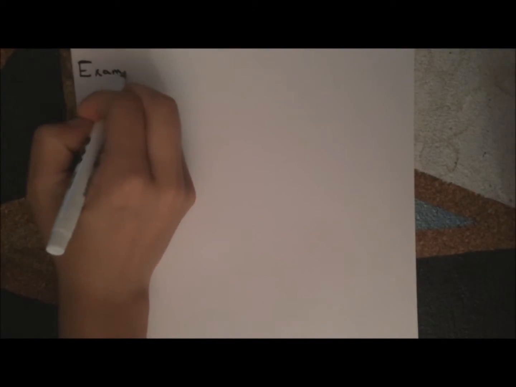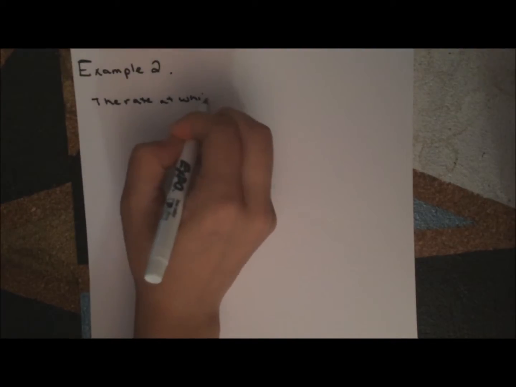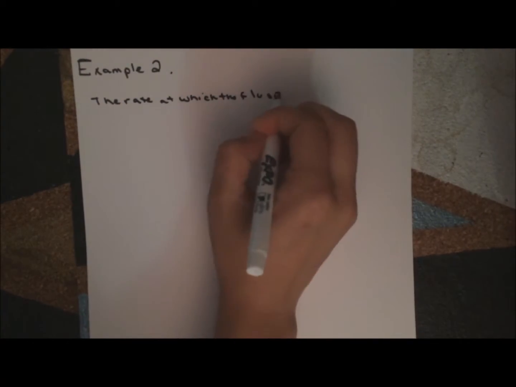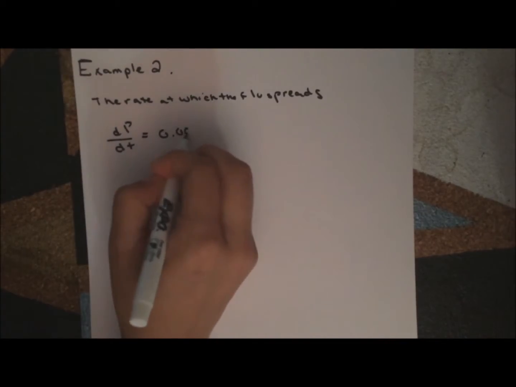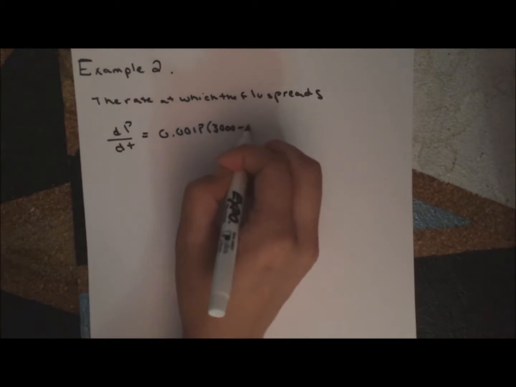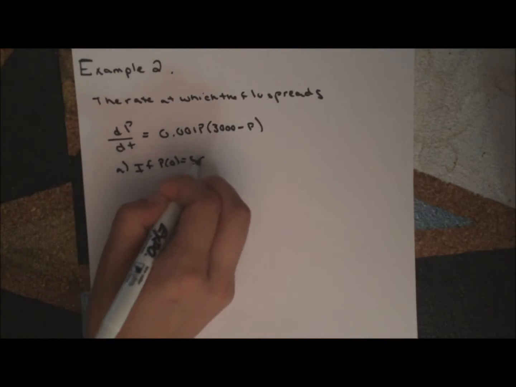Here's the second example. The rate at which the flu spreads throughout a community is modeled by the logistic differential equation dP/dt = 0.001P(3000 - P). If P(0) = 50, we're asked to solve for P as a function of t.